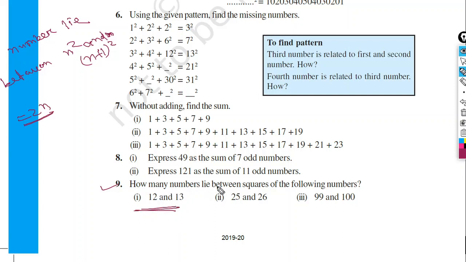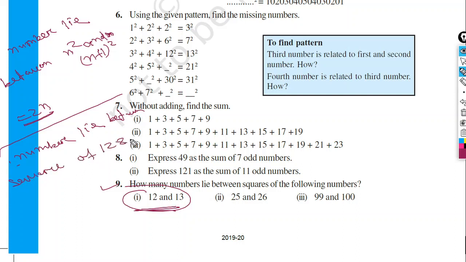So the numbers that lie between the squares of the following numbers. We'll solve this one. Numbers lying between the squares of 12 and 13 will be 2 into 12, which is equal to 24.